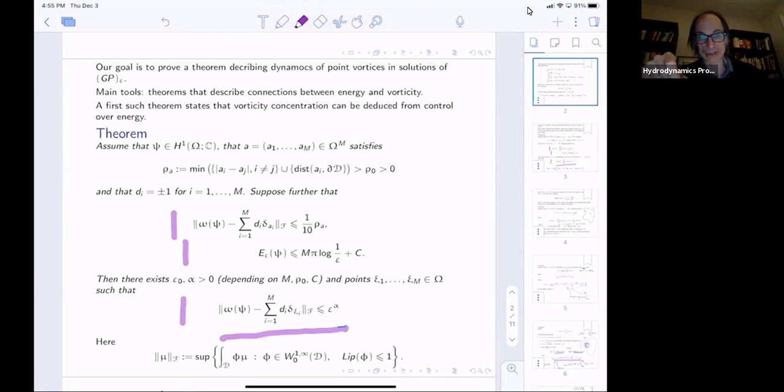So we're really located where the vortices are. Once we do that, we can have very precise energy lower bounds. And moreover, we can say that if those bounds nearly hold, then we have a lot of information about what the function has to look like. So I'll describe those results briefly, and then I'll talk about how we use those to study vortex dynamics.